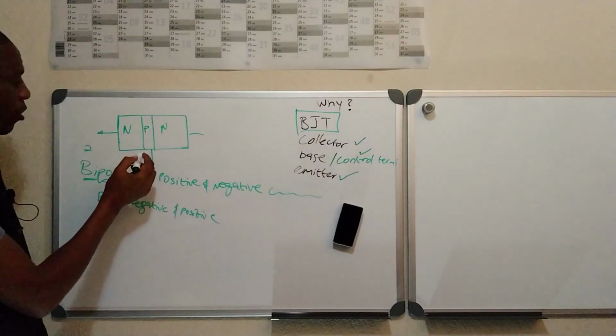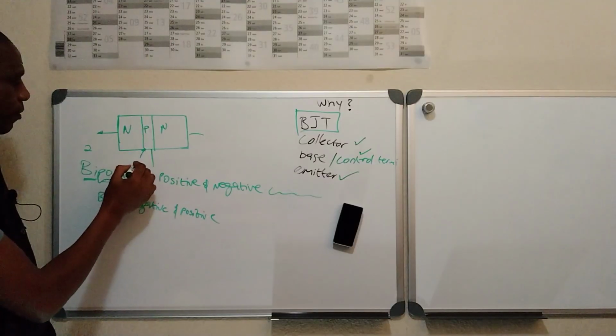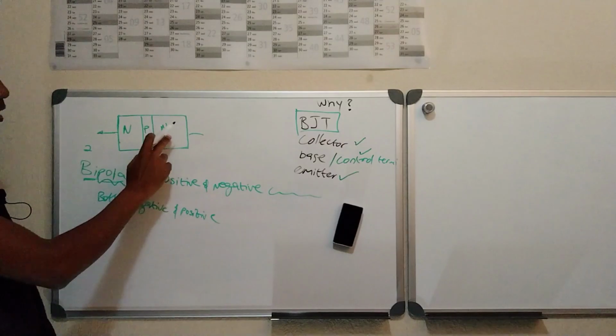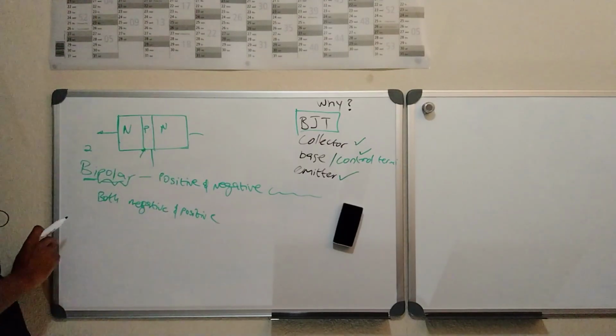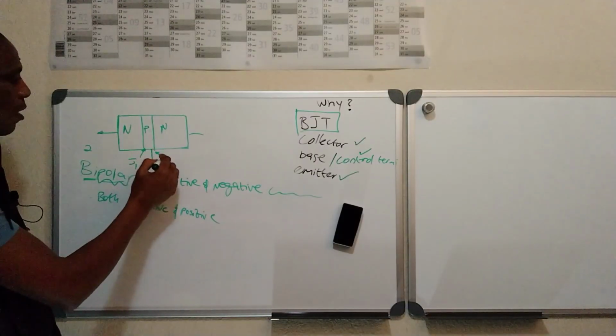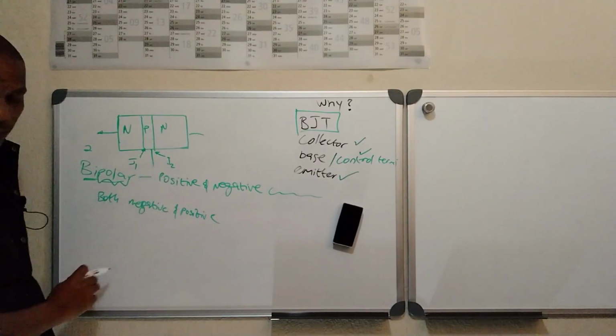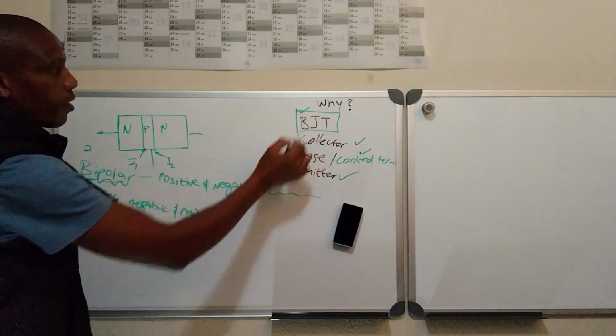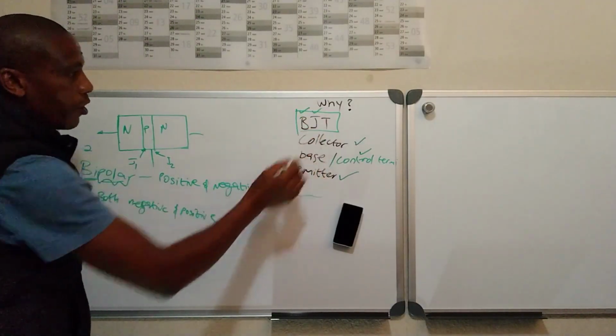Junction. They talk about this junction, which is the emitter base junction and the collector base junction. But in this case, we just call it J1 and J2. We answered the bipolar, we answered the junction.